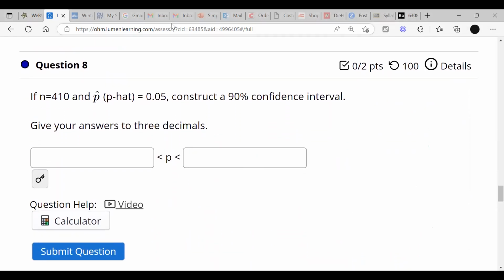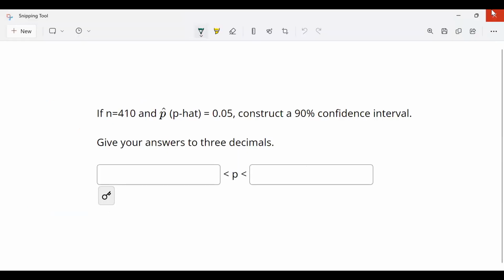Okay, so it's a confidence interval. Question 8 on the screen. Share the screen with you guys. Here we go. So we are given the sample size. We are given the p hat.